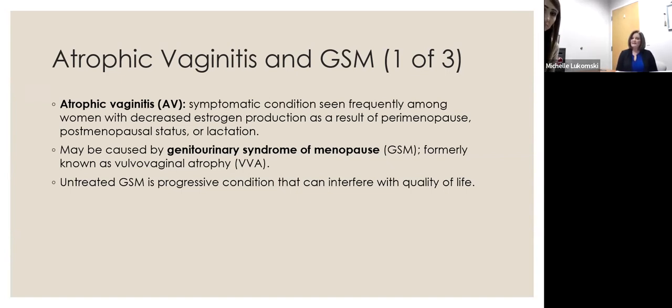Most women in their lifetime, if they live long enough, will experience this. It's more of a problem for women who continue to be sexually active after menopause. So someone who is older and her husband's already deceased, she may not complain that this is a real problem.